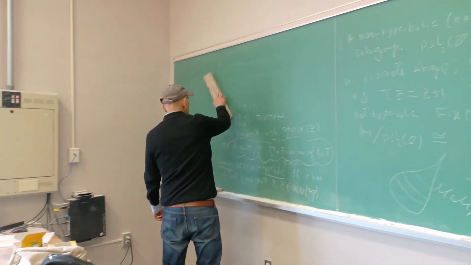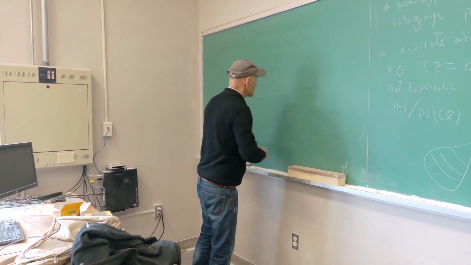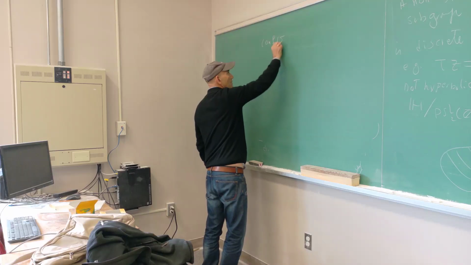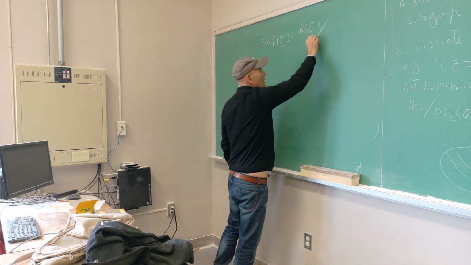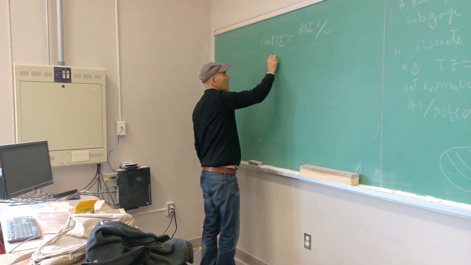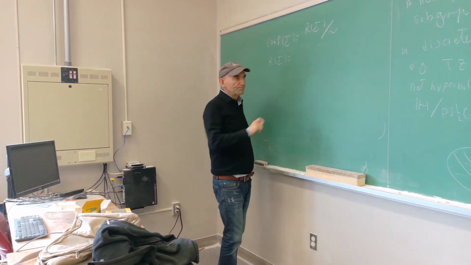So let Conf(sigma) be equal to R(sigma) modulo conformal equivalence, where R(sigma) is the space of all Riemannian metrics on sigma.